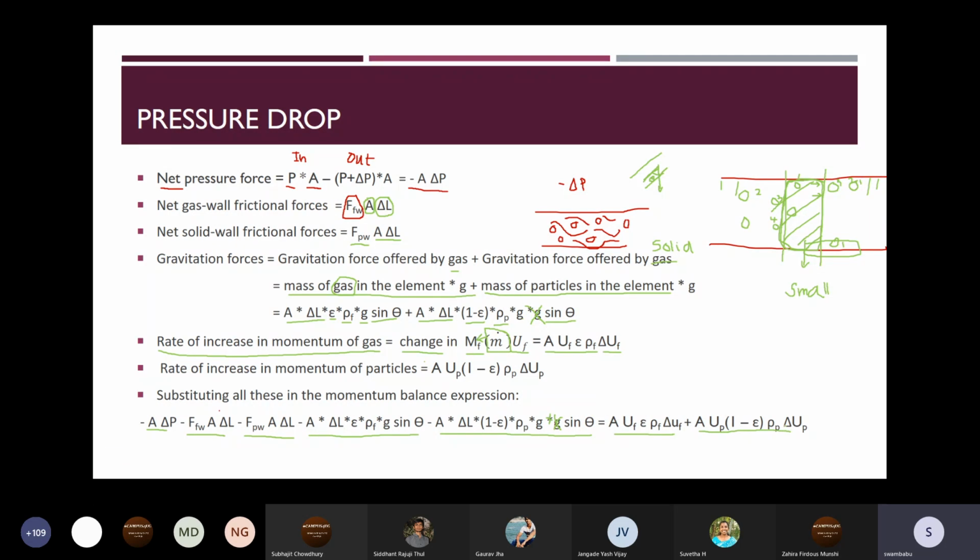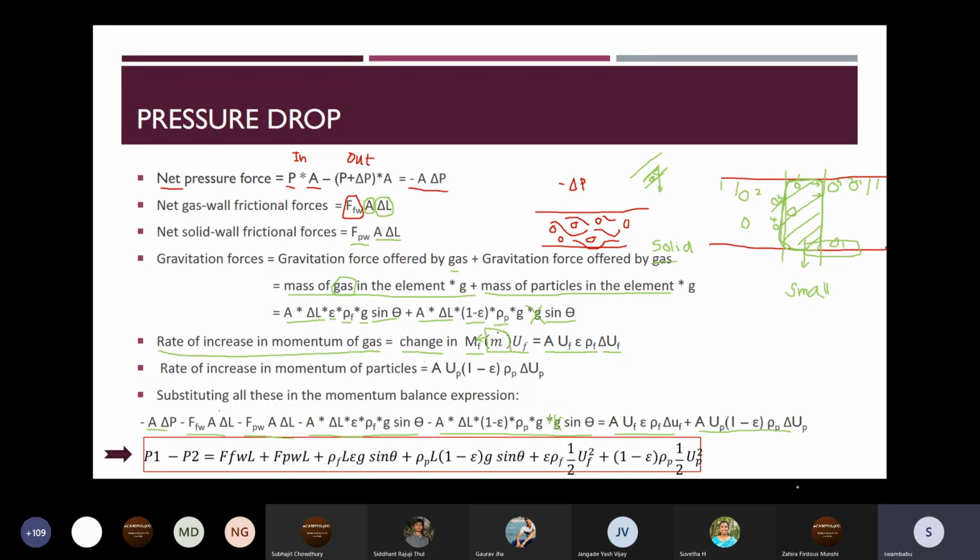If I integrate this, I'll get the final pressure drop expression.